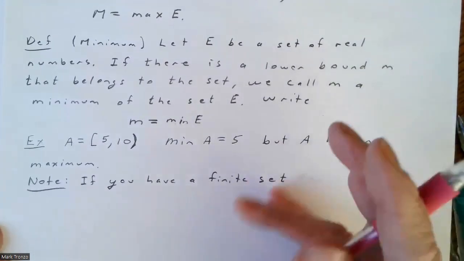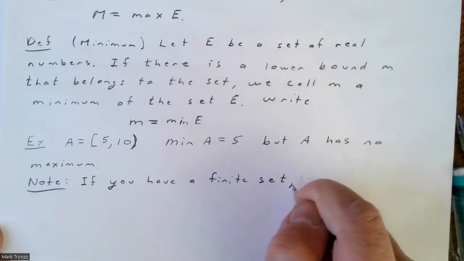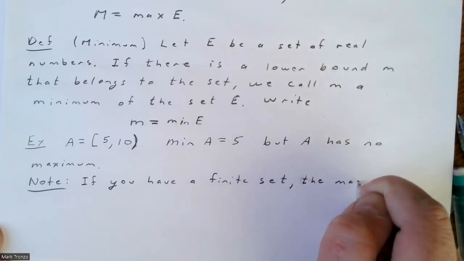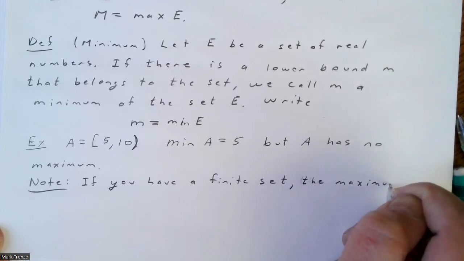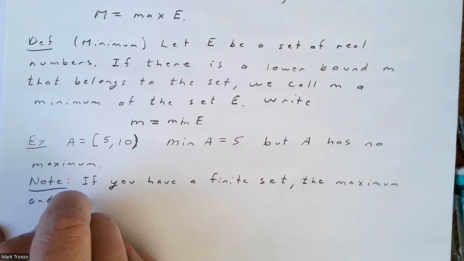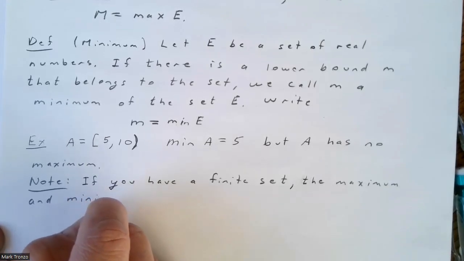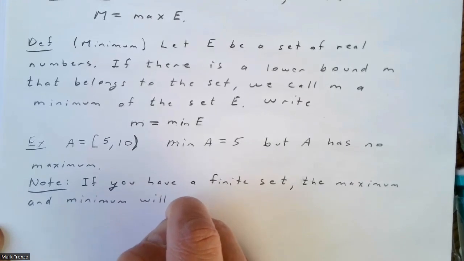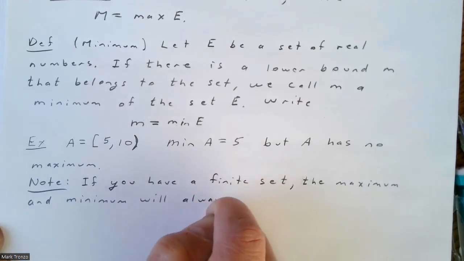If you have a finite set, the max and the min will always exist.